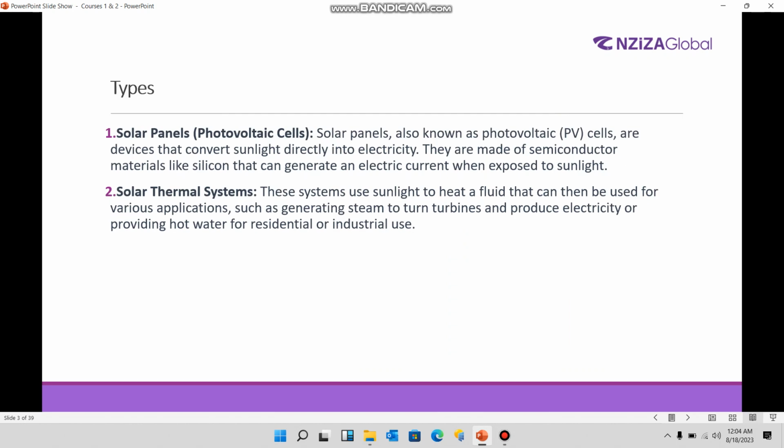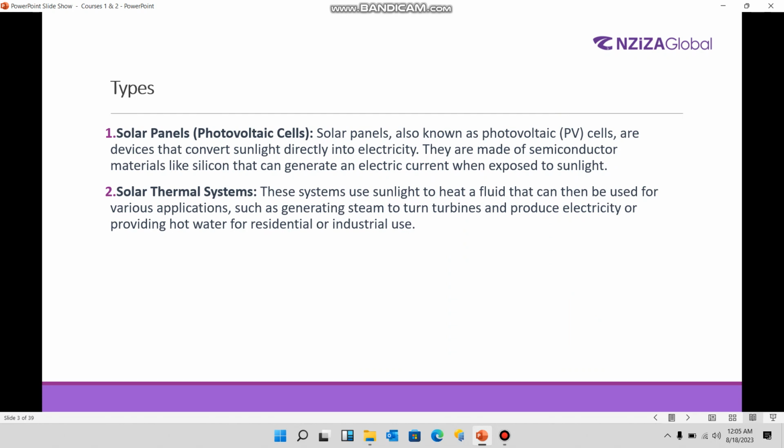There are types of solar energy which convert the sunlight into electricity. Number one is the solar panel or photovoltaic cell. PV cells convert sunlight energy into electricity, and they are made of semiconductor material which generates an electric current when the sunlight hits the surface of the solar panels.